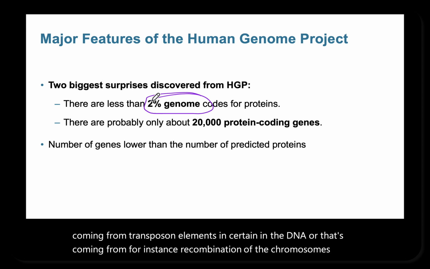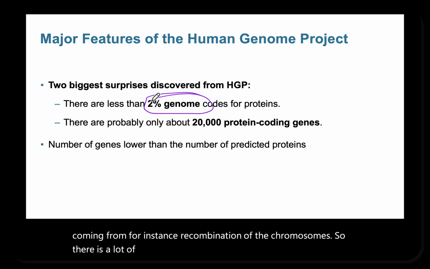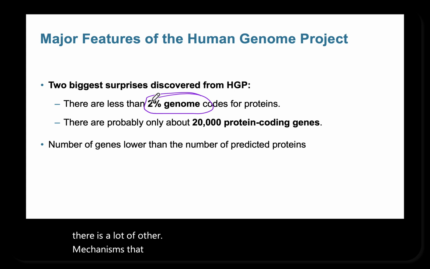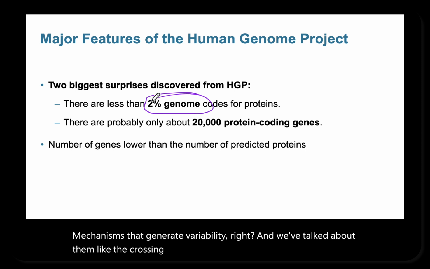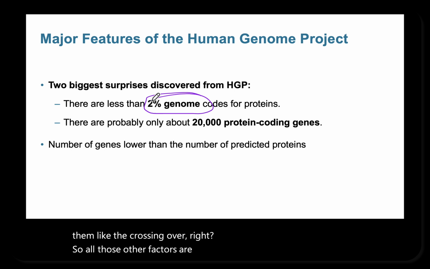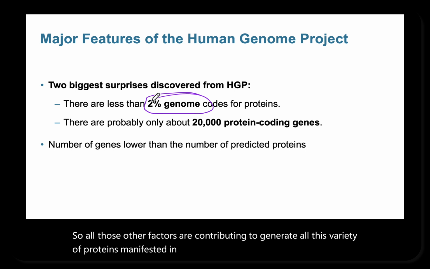So there are a lot of other mechanisms that generate variability, right? And we've talked about them, like the crossing over. All those other factors contribute to generating all this variety of proteins manifested in the phenotype that we can observe.